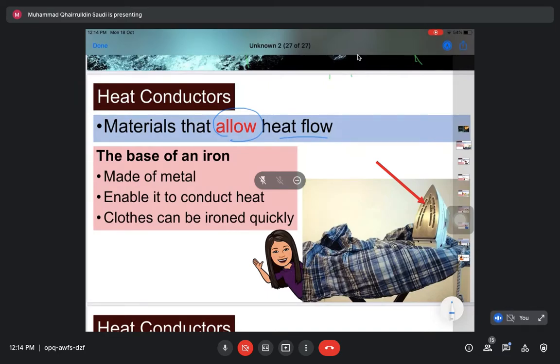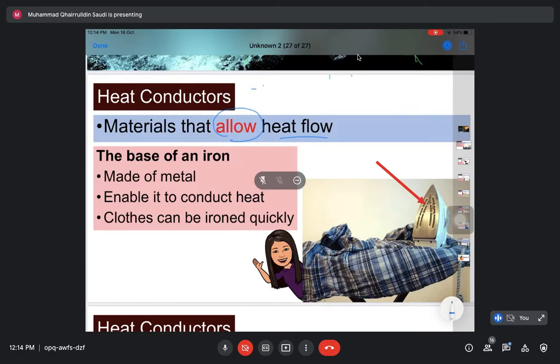In Bahasa Melayu, what is the meaning of konduktor haba? In Bahasa Melayu, what you have learned before in primary school. Konduktor haba adalah objek yang boleh mengalirkan arus haba atau elektrik.